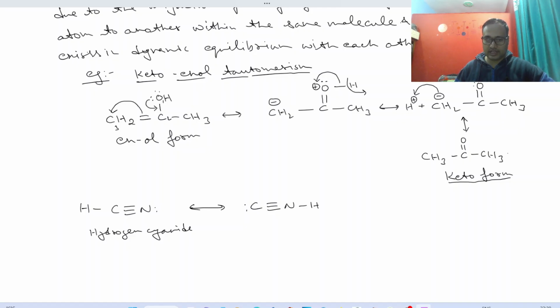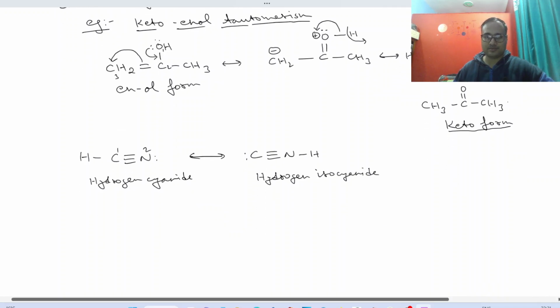It is hydrogen isocyanide, and this is formed due to the migration of the hydrogen atom from carbon to nitrogen, that is from atom 1 to atom 2. That's why it is also known as 1,2 migration or 1,2 shift, and studied under the diad system. So this was about tautomerism.